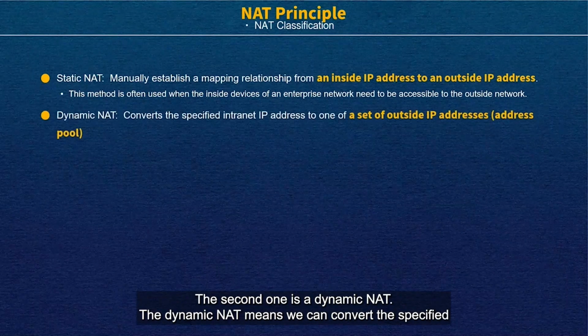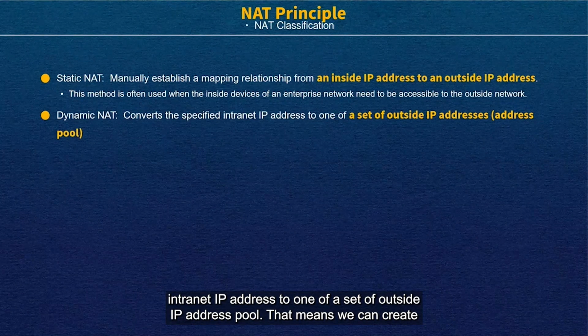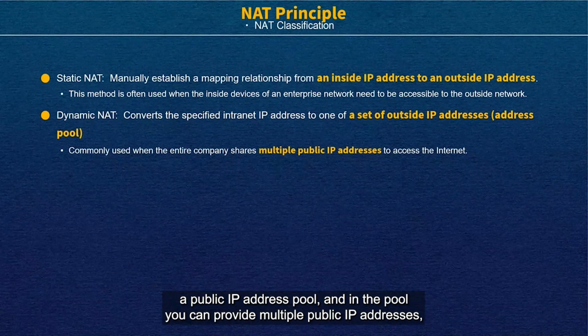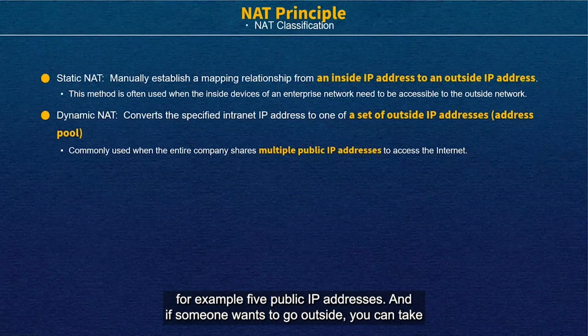The second one is dynamic NAT. Dynamic NAT means we can convert the specified inside IP address to one of a set of outside addresses in a pool. That means we can create a public IP address pool, and in the pool you can provide multiple addresses, for example, 5 public IP addresses.